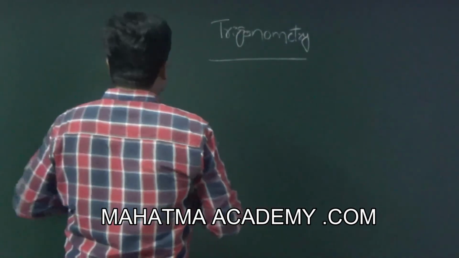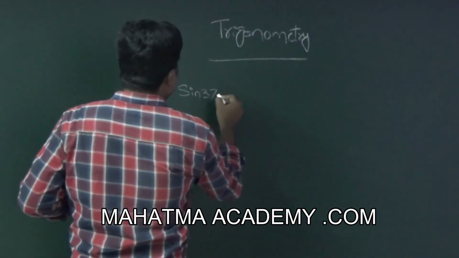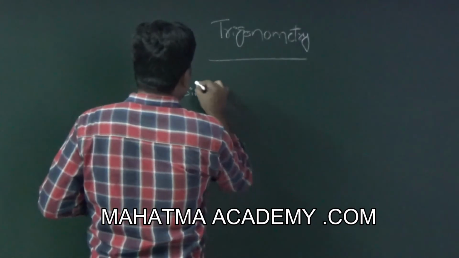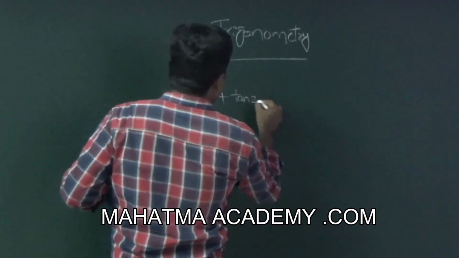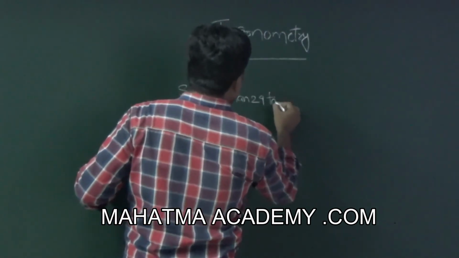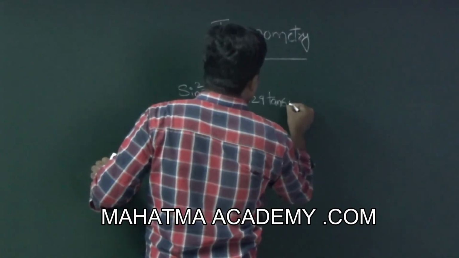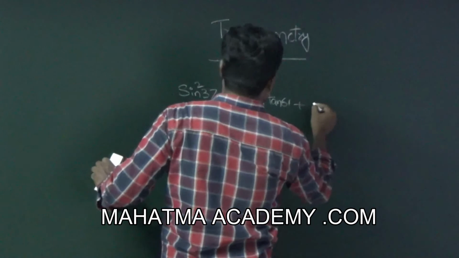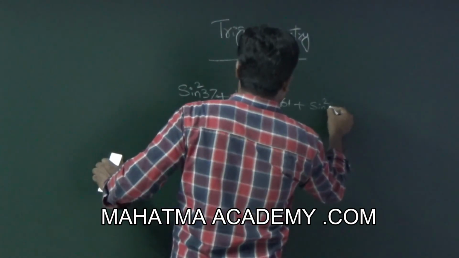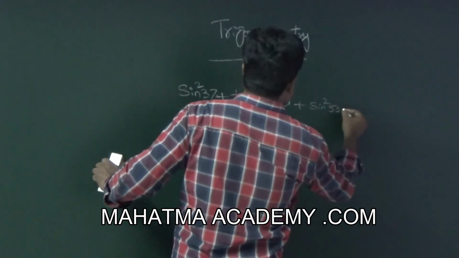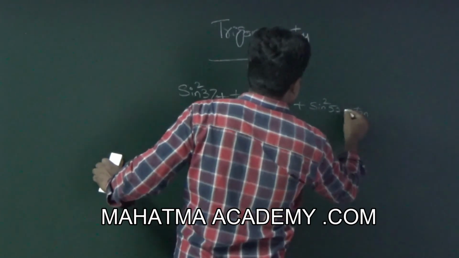Some basic example: sin square 37 plus tan 29 multiplied with tan 61 plus sin square 53 plus tan 45 minus tan 45.